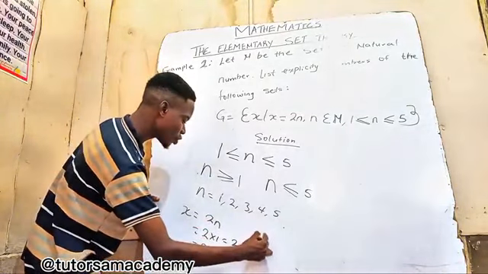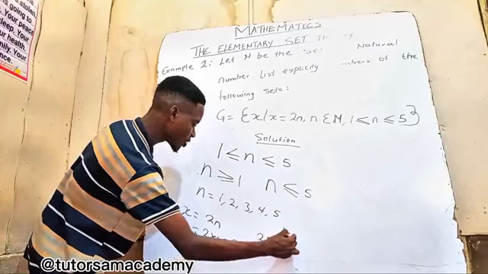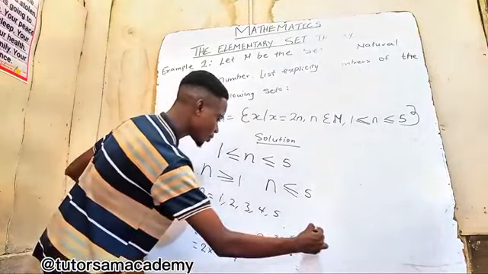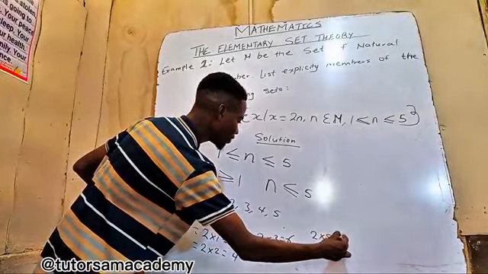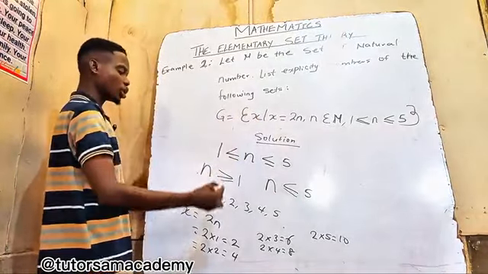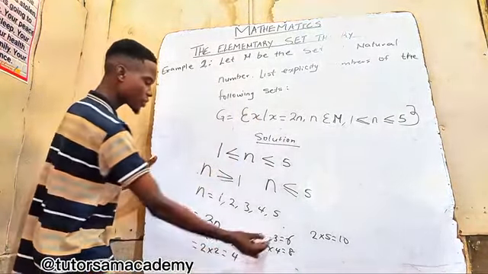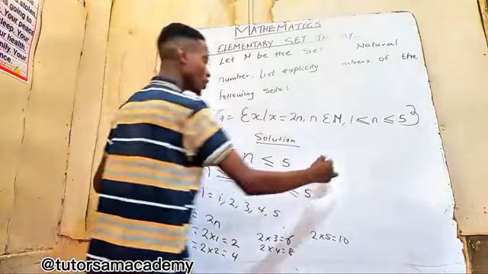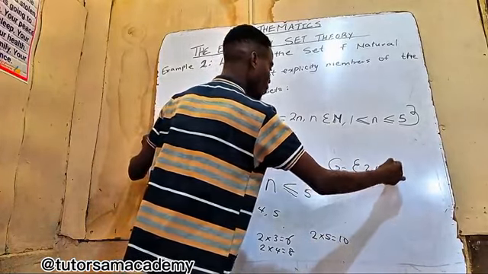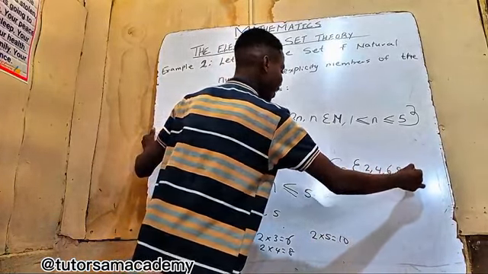The next one is 3; 2 times 3 gives 6. Then 2 times 4 gives 8, and 2 times 5 gives 10. So these are x, because it is x that belongs to G. So x is 2, 4, 6, 8, and 10. So G will also be 2, 4, 6, 8, and 10.